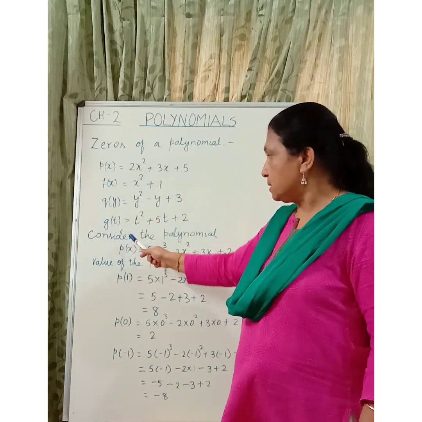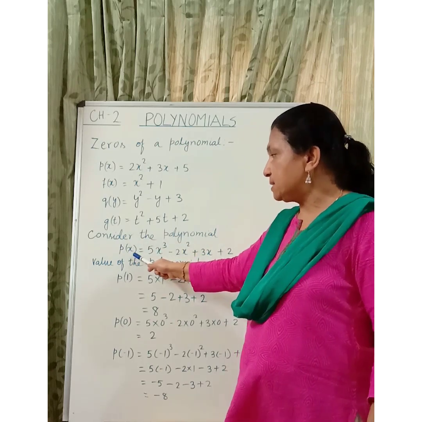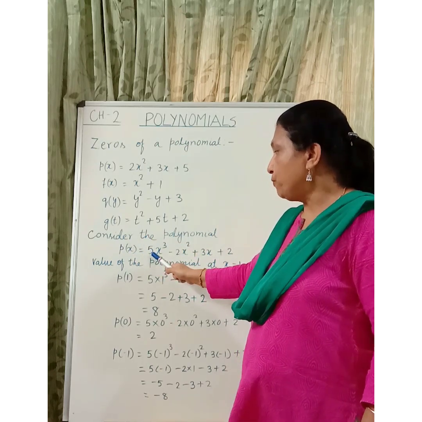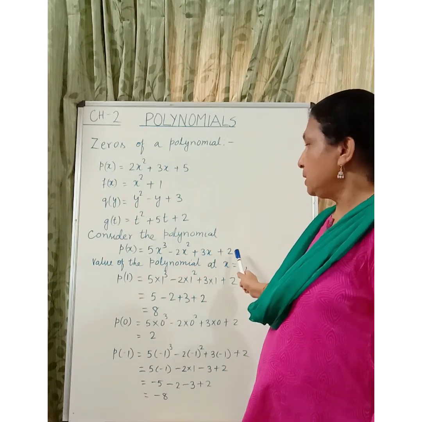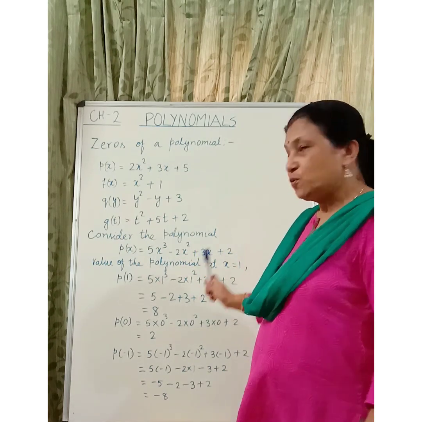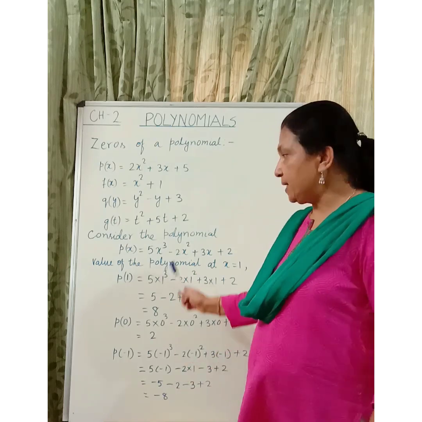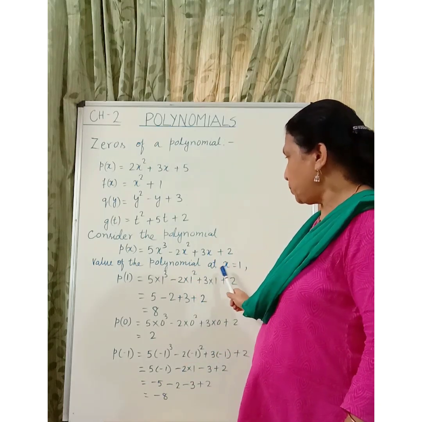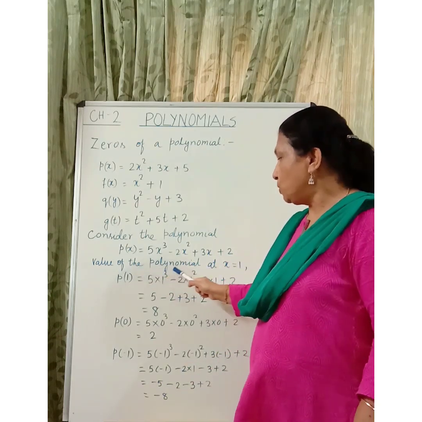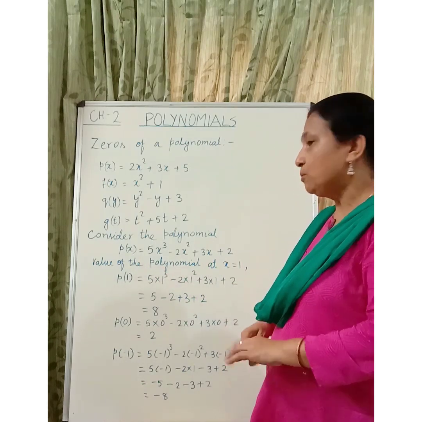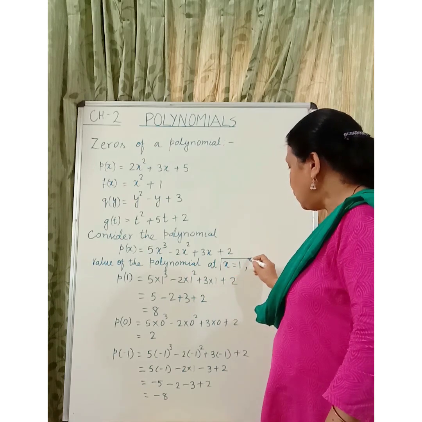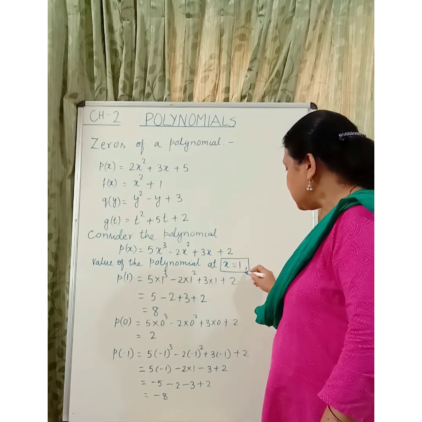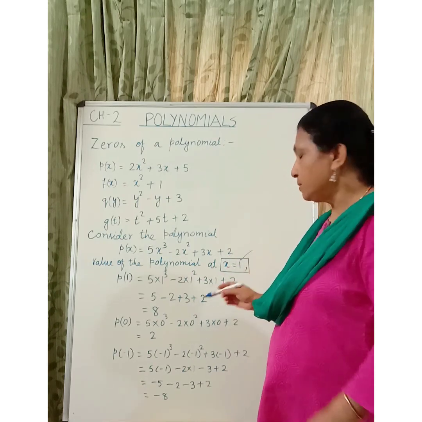Now let us consider the polynomial p(x) equals 5x cube minus 2x square plus 3x plus 2. For this polynomial, we will be taking values of x. Suppose the value of the variable x is 1 here.